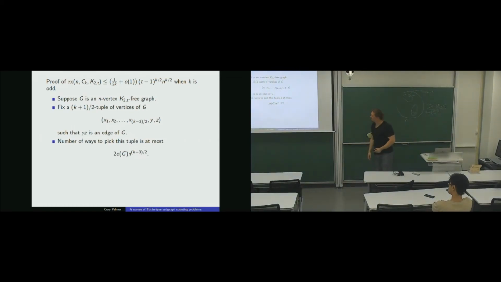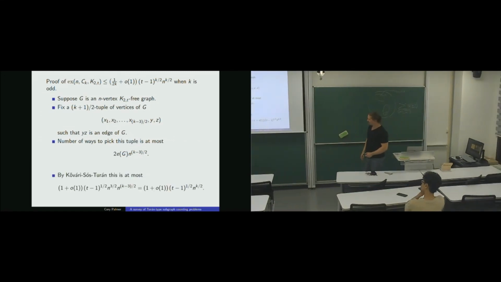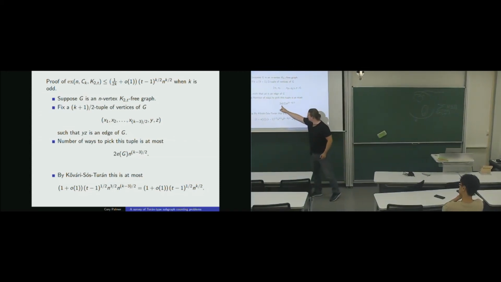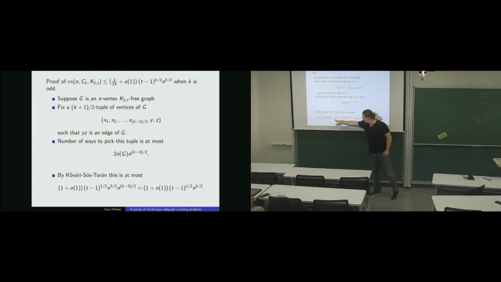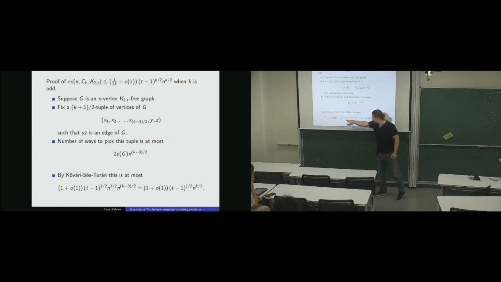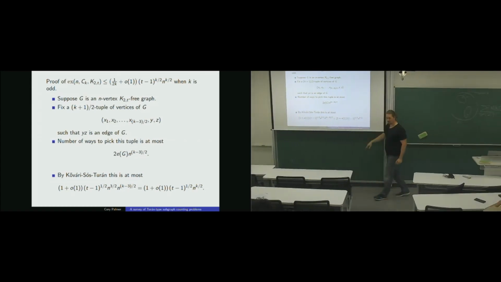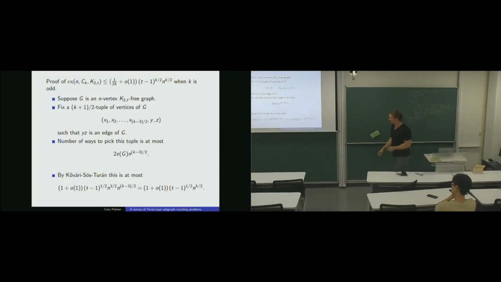Then Turán tells us the maximum number of edges in a K_{2,t}-free graph, which gives an upper bound on e(G): 1/2 (t-1)^{1/2} n^{3/2}. The 1/2 and the 2 cancel, so you get this quantity, an upper bound on the number of ways to pick this tuple.